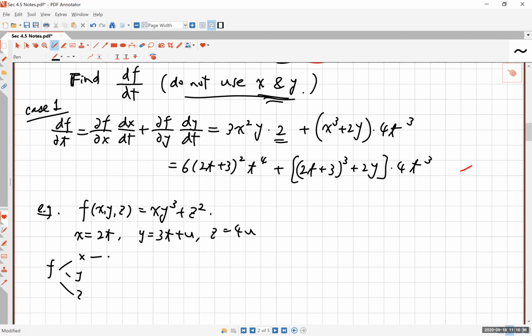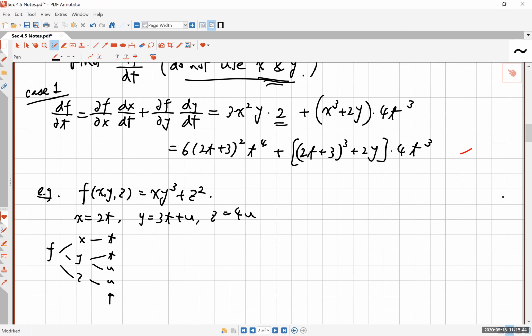So x has t, y has t and u, and z has u, right? So in this very bottom level, I really have u and t. I know that x does not depend on u and z does not depend on t, but it's important to know that I have u and t both at the very bottom level parameter, okay?